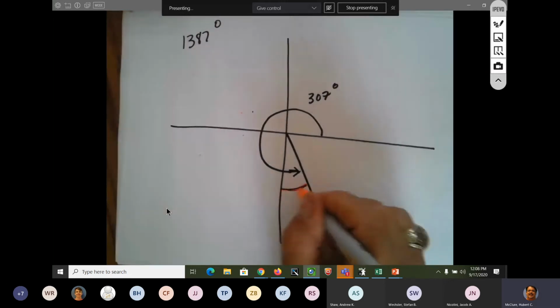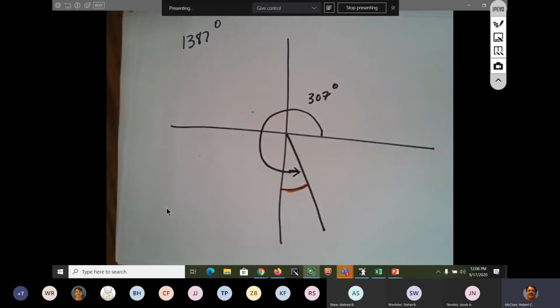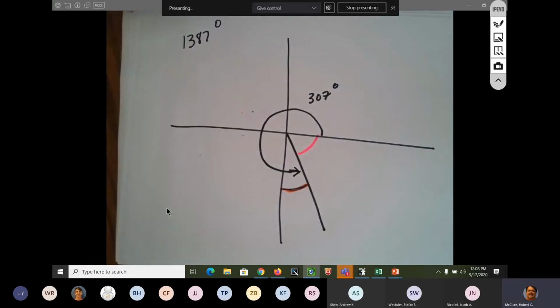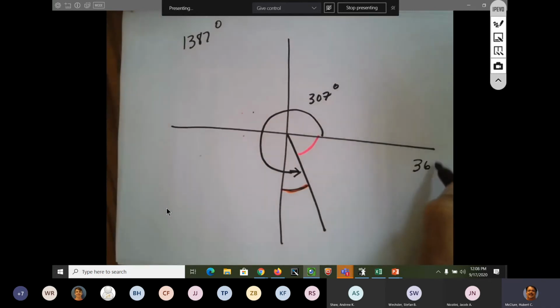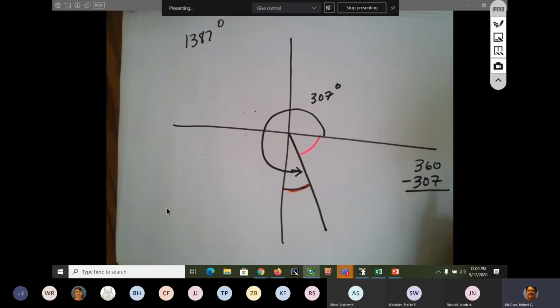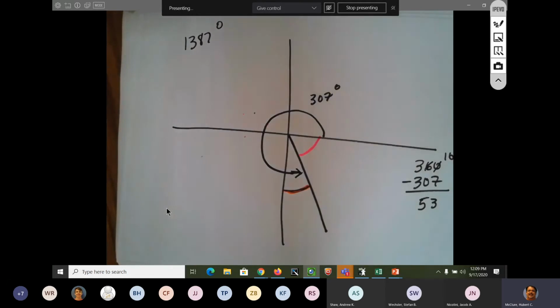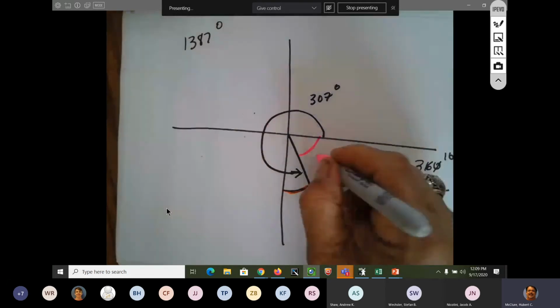And then I'll give you the reference angle to 360. So of course, 360 minus 307 would be 53 degrees. So the pink is negative 53 degrees.